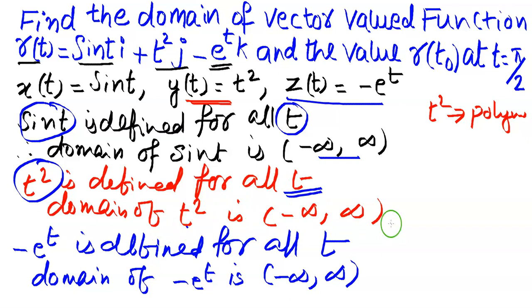Domain of t square is minus infinity to infinity. e raised to t exponential function ആണ്. e raised to t is defined for all t. Therefore, domain of minus e raised to t is minus infinity to infinity.